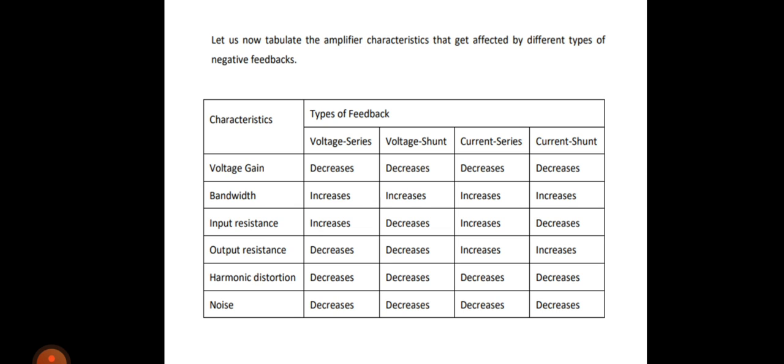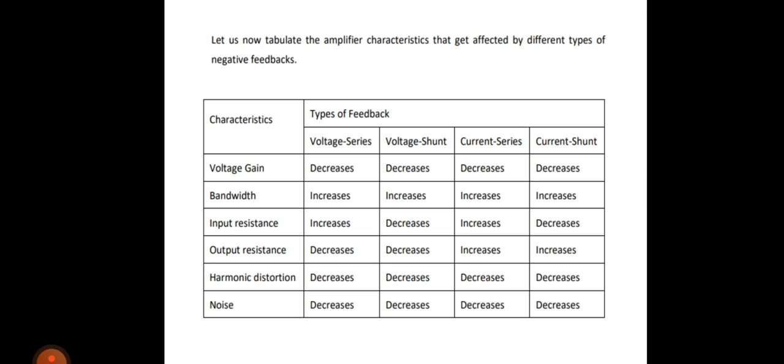Why does input resistance increase in voltage series? Since the input is series, RIF equals RI into 1 plus AV into beta. Whenever it is multiplied by the factor 1 plus AV into beta, input resistance with feedback increases. By seeing the connection at the input side, whether it is series mixing or shunt mixing: if it is series mixing, input resistance with feedback increases.